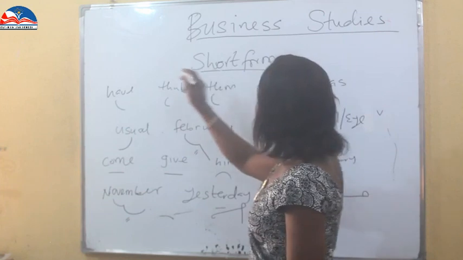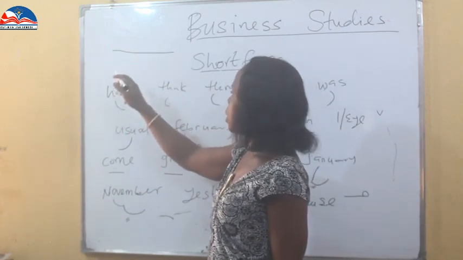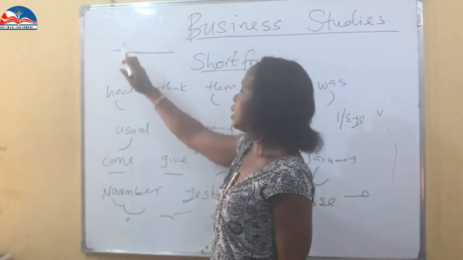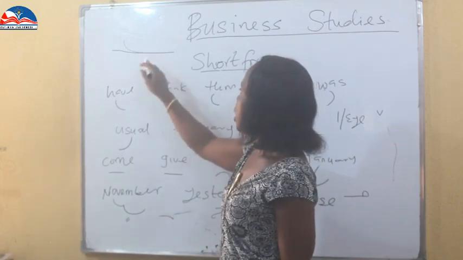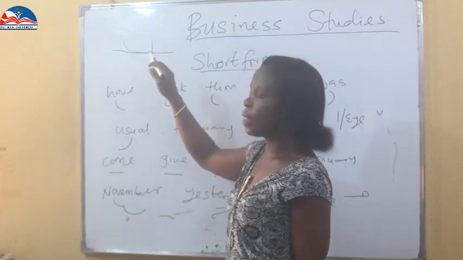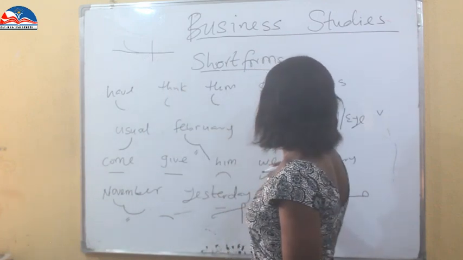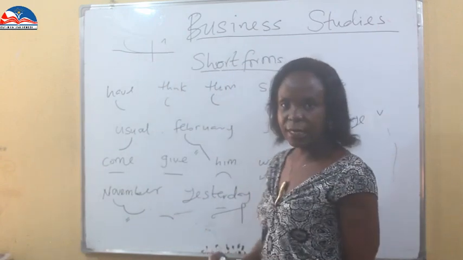There are consonants we write on the line. There are some that cross the line. And there are some we write above the line.